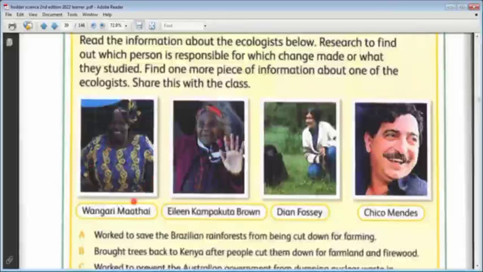The first one is Wangari Maathai. This ecologist brought trees back to Kenya. In Kenya, people cut off the trees from the forests because they wanted to convert them to farmland.